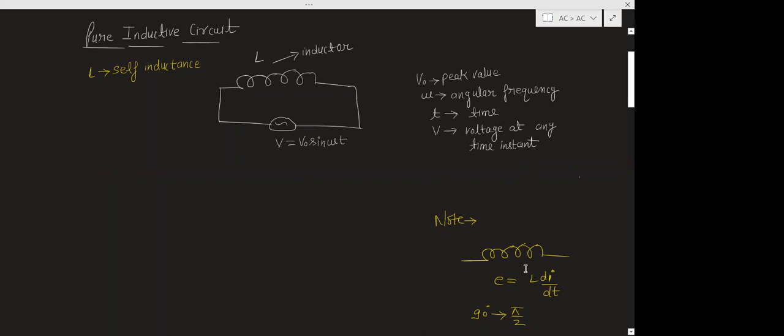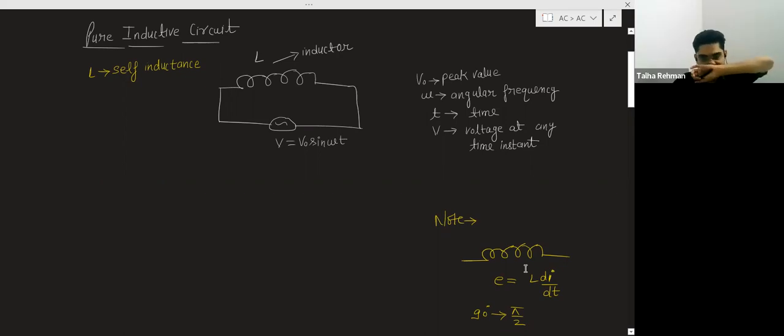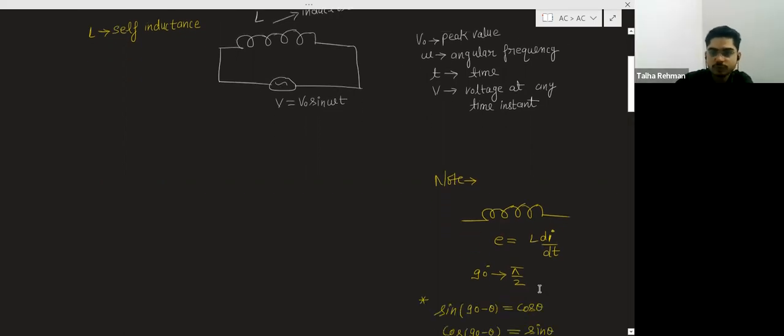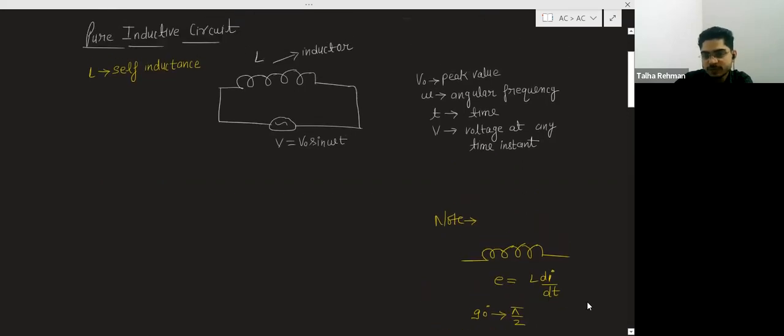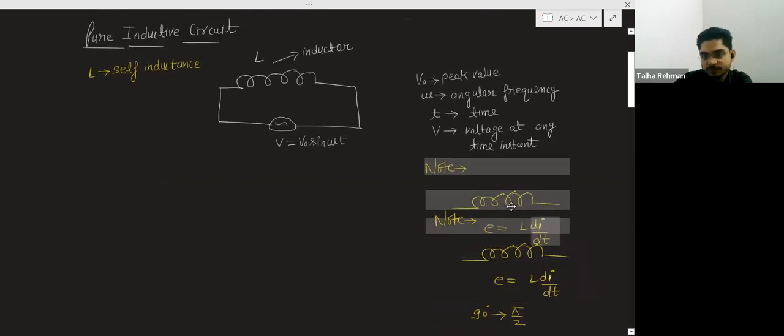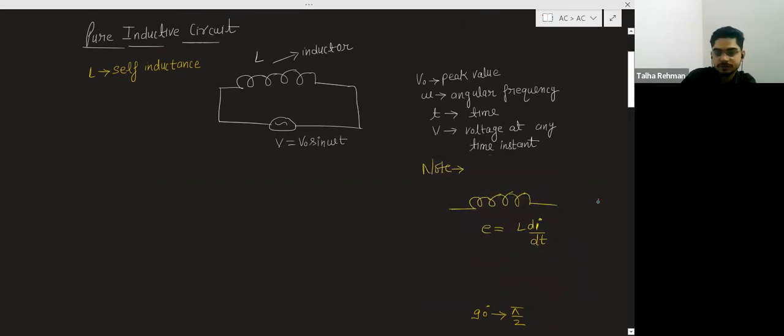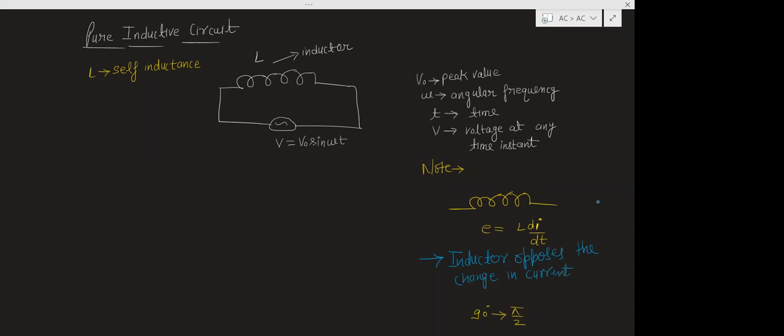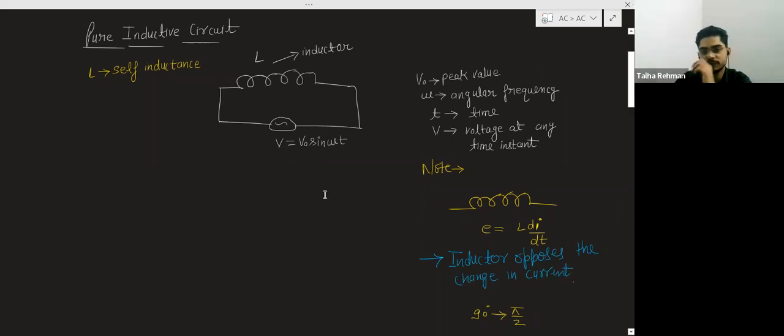So the inductor opposes the change in current. You can write here: inductor opposes the change in current.